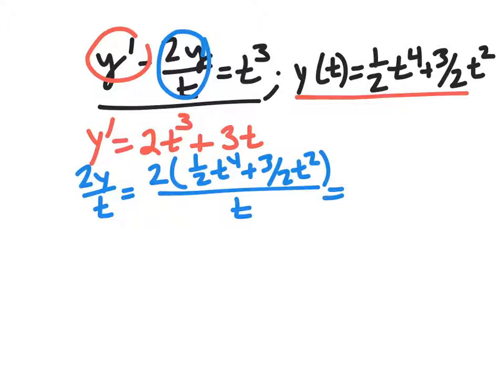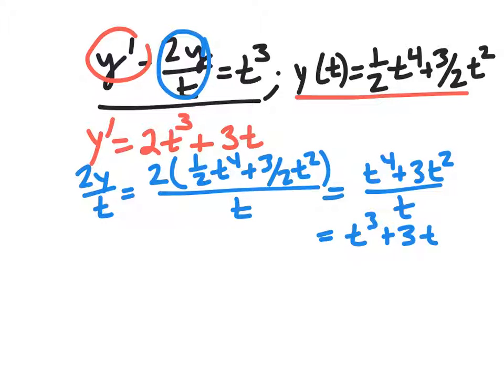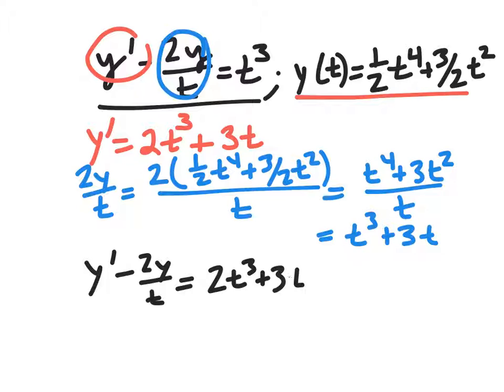Just multiplying this out, the 2 cancels these denominators, so we get t to the 4th plus 3t squared over t, aka we get t cubed plus 3t. And let's see what happens. When we do y prime minus 2y over t, we can substitute in: 2t cubed plus 3t for y prime, minus what we just found for 2y over t, which is t cubed plus 3t.